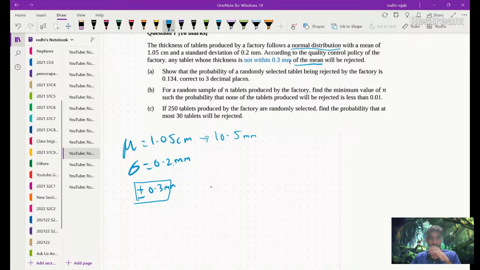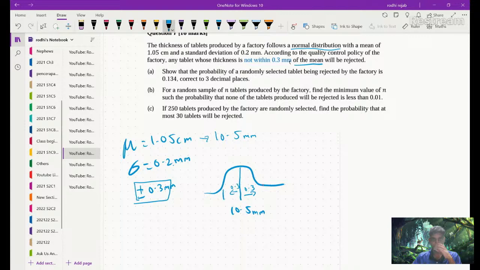So let's just sketch the normal graph to visualize it easier. So this is the normal distribution graph. The mean is what is in the middle. So this would be 10.5 millimeters, and within 0.3 mm of the mean, it can be here 0.3 or here 0.3.